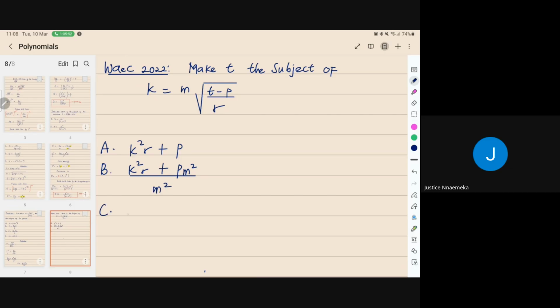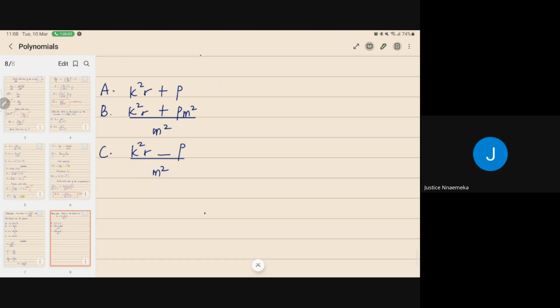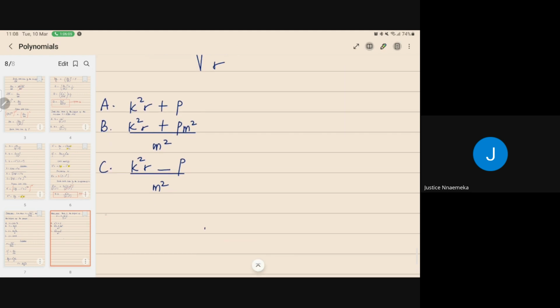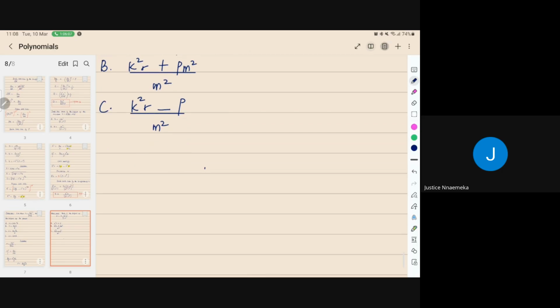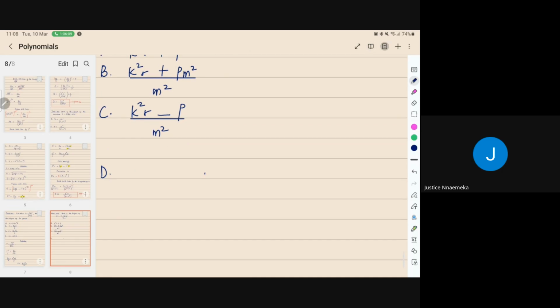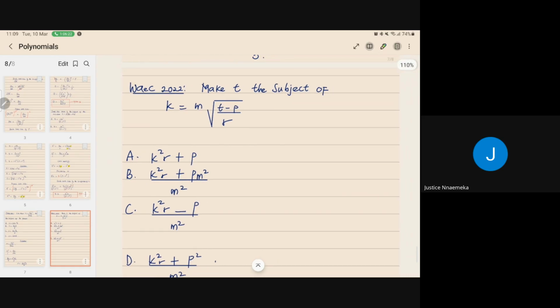Then C is K squared R minus P all over M squared. Then D is K squared R plus P squared all over M squared. All right, guys, bring it on. Let's see.